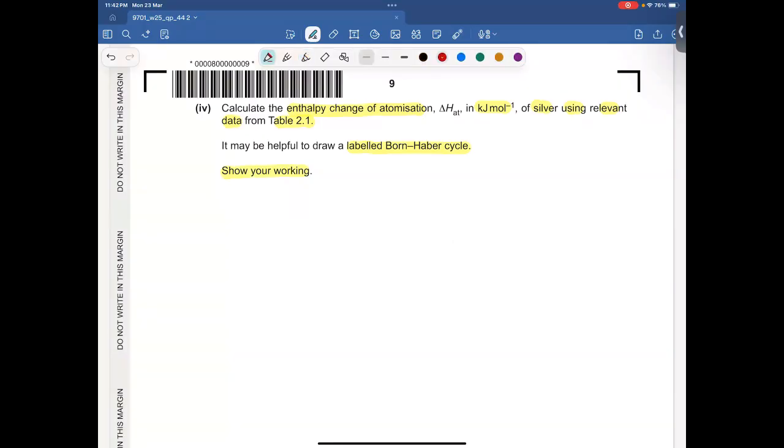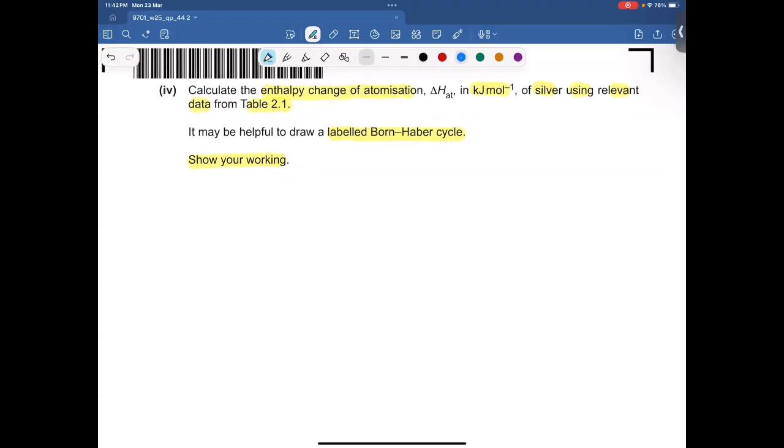So I've told you in the class, first of all, let me write the lattice energy equation for silver sulfide. That's your lattice energy. And it is 1 mole of silver sulfide.